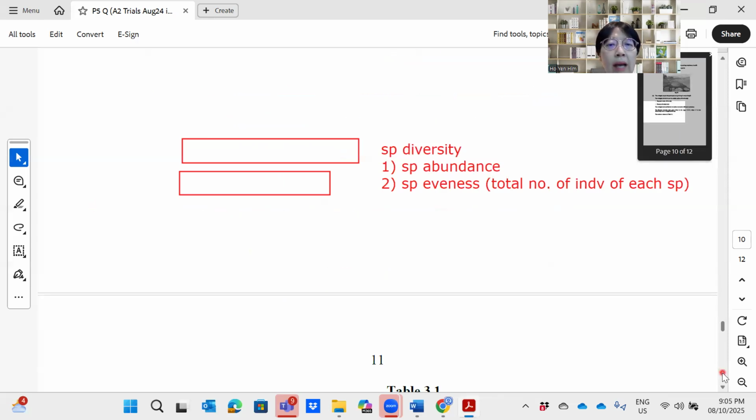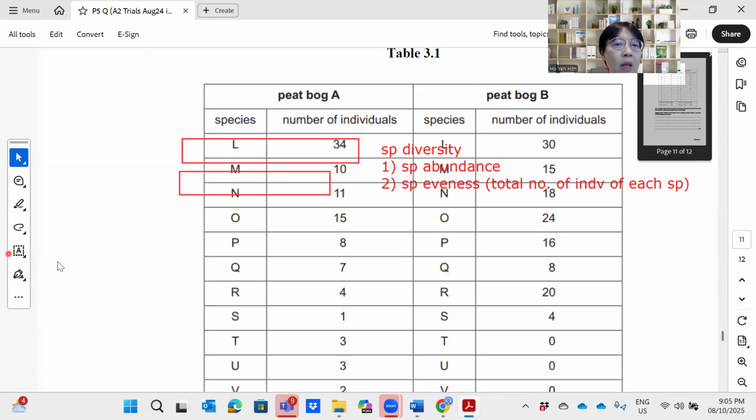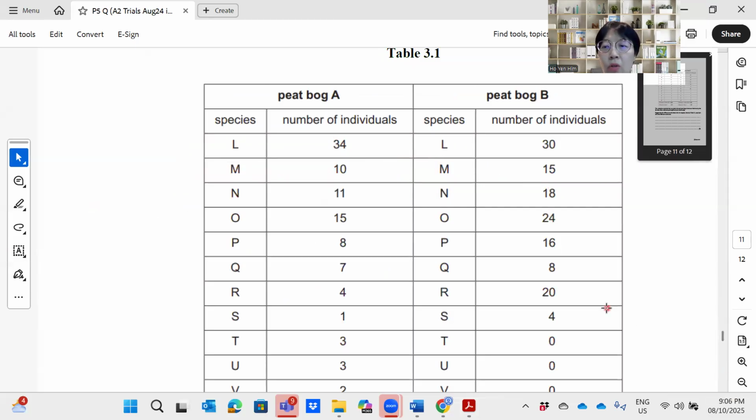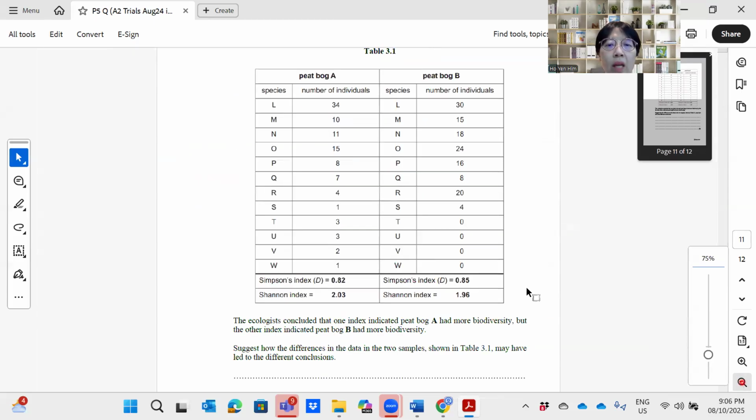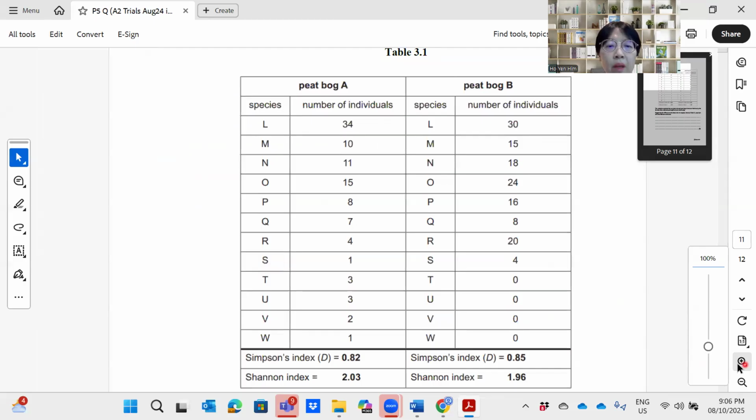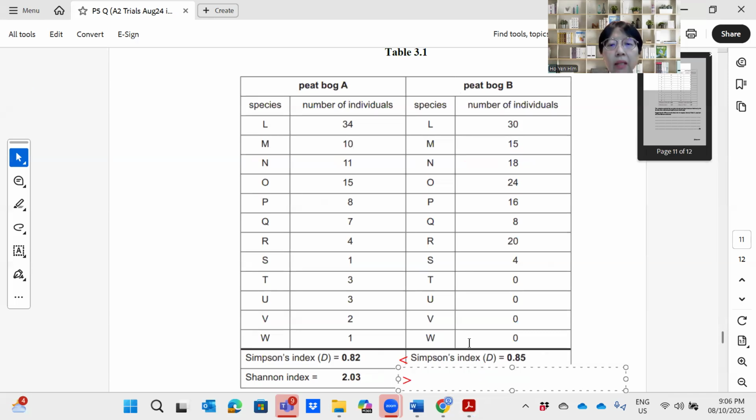So let's look at the data here. Let's make it smaller so we can see everything in one. Simpson's index of diversity for peat bog A is lower than peat bog B. But Shannon's index of diversity is higher in peat bog A than peat bog B. So this is lower, but this is opposite, this is higher.